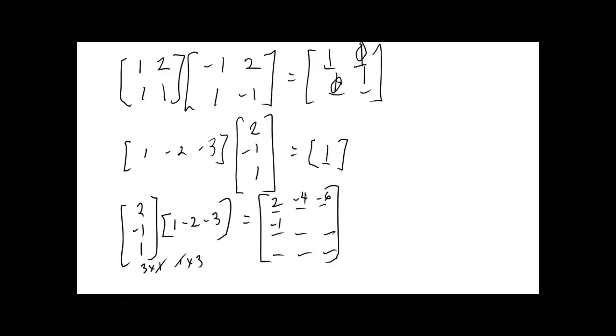Pick another entry. 2, 2. Okay, how do we do that? 2, 2 will be right in the middle there. Second row. Yep, and that multiplies to be 2.